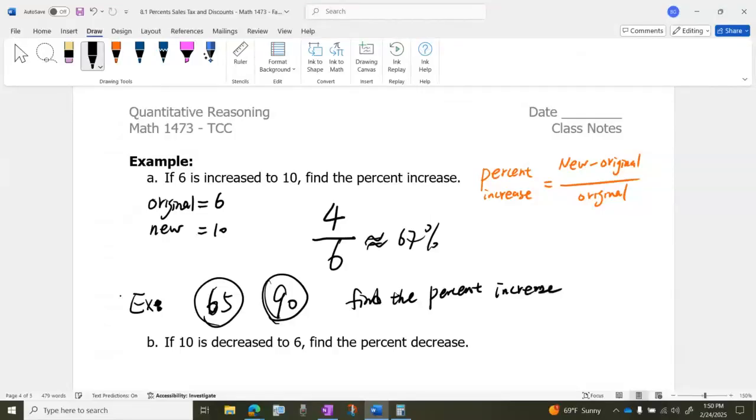Knowing percent increase is a percentage, you need to have the percent sign behind the number. Okay, you have 2 minutes. Last semester you have 65, and this semester you have 90. Find the percent increase. Round it to the nearest integer in a percent.